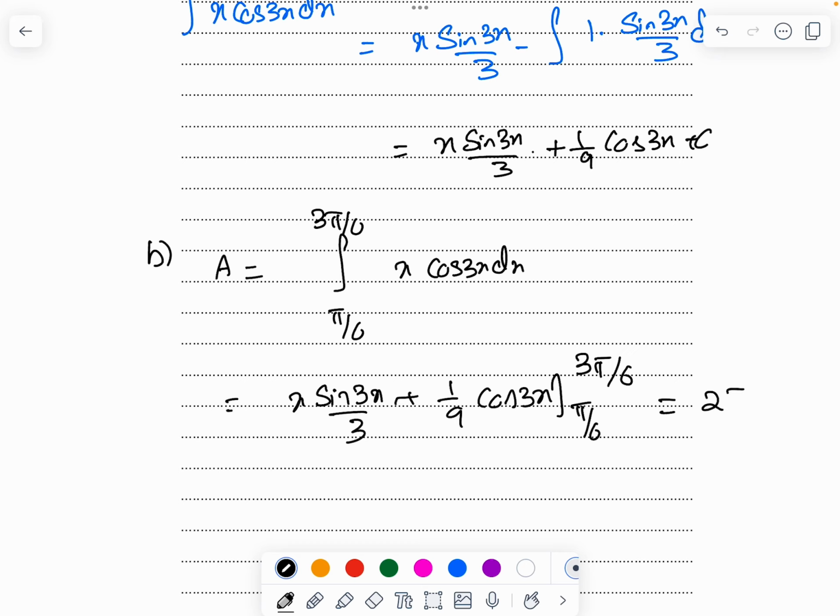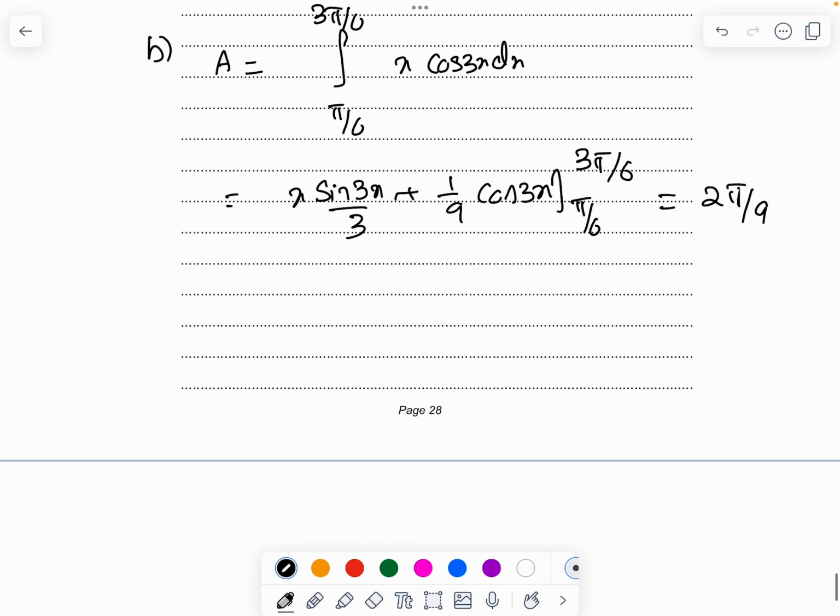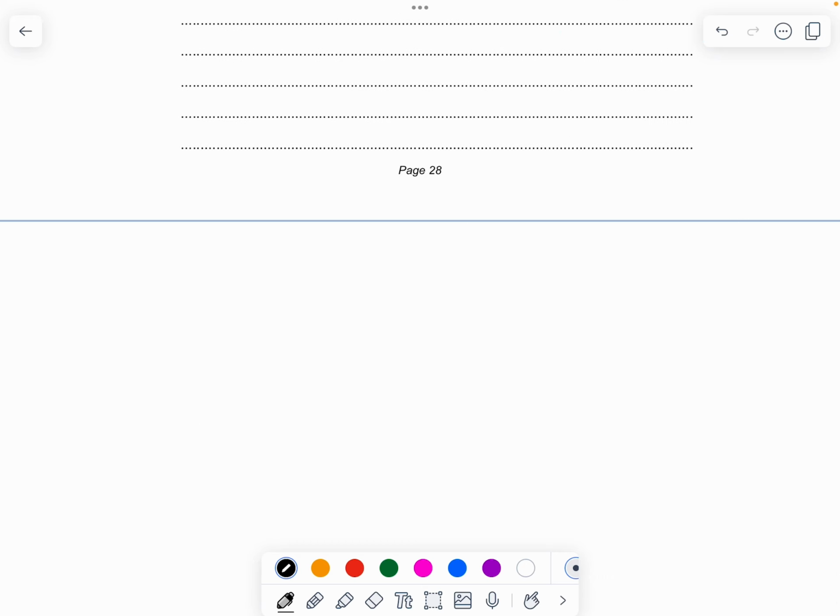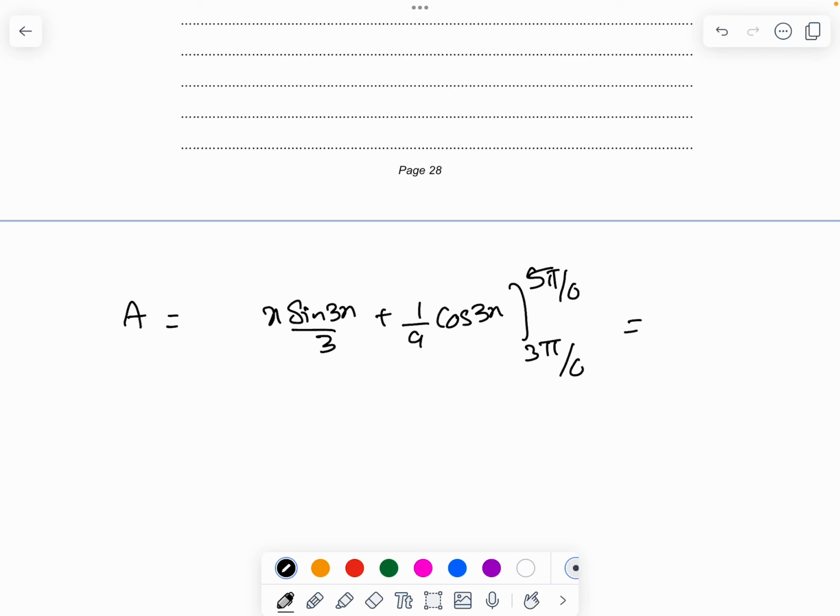Check carefully, you should be getting 2 pi by 9. Similarly for part 2, it should be the same expression from 3 pi by 6 to 5 pi by 6. You should be able to get 4 pi by 9.